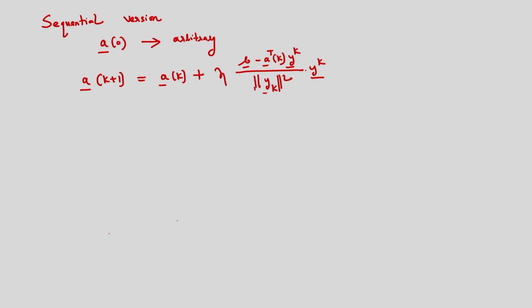This is the sequential version of the previous algorithm, mainly done to reduce the memory requirement. So this is called the sequential version of the relaxation algorithm.